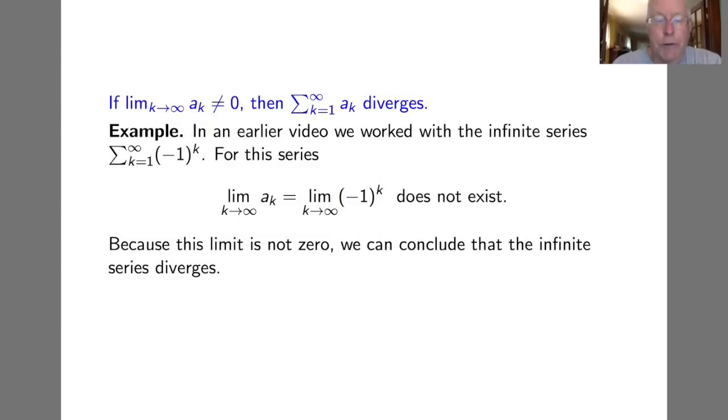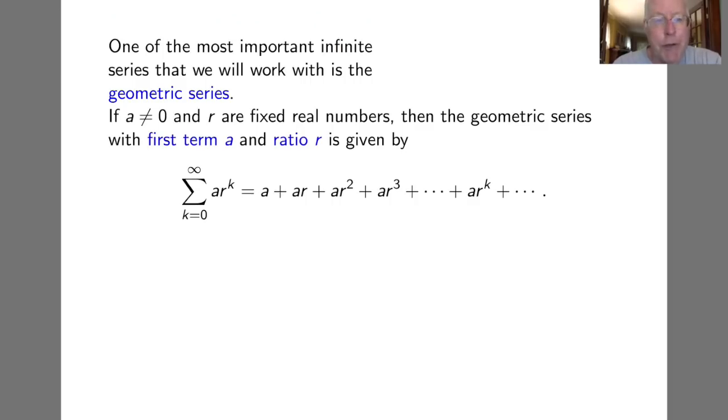We're now going to move on to the second part of this video, that is the study of the geometric series. A geometric series is defined as follows. There's two parameters we're concerned with. There's a number a that's not equal to 0 generally, and a number r. These are both fixed real numbers.